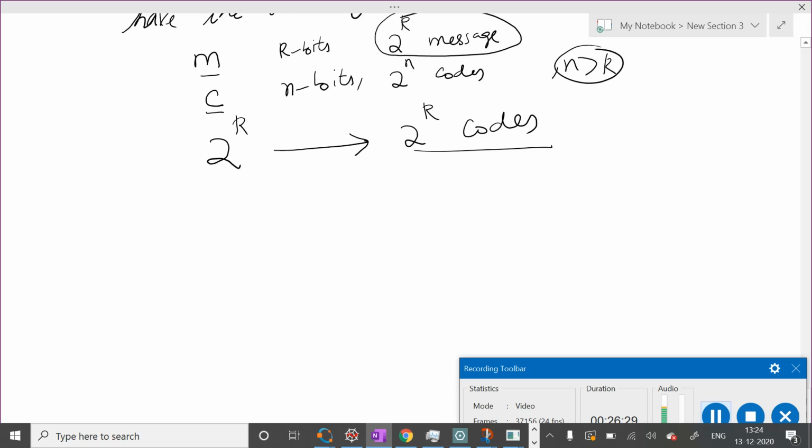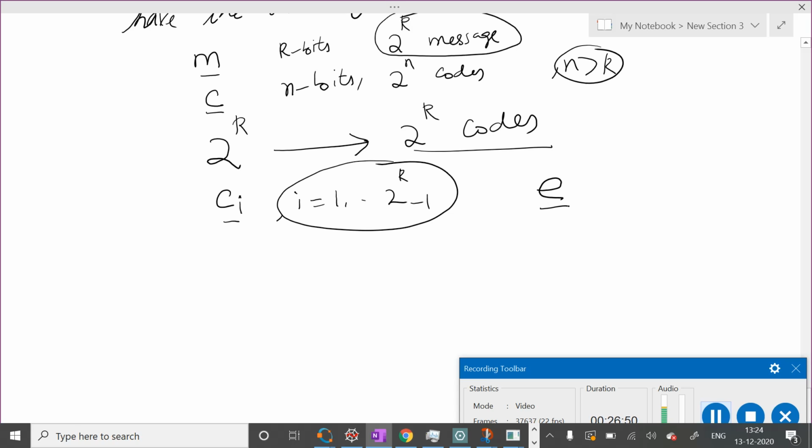Now, suppose I have a code word vector Ci, for i equal to 0 to 2 to the power k minus 1. It is one of the 2 to the power k code words. And you have an error pattern, suppose E. Now if you add this E with any of the code words, you will get another error pattern, Ei, for i equal to 0, 1 up to 2 to the power k minus 1.